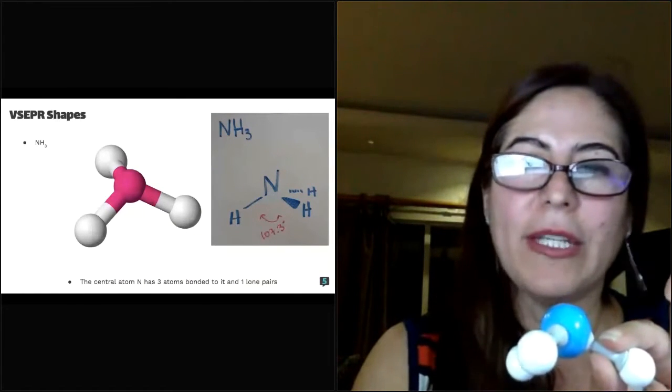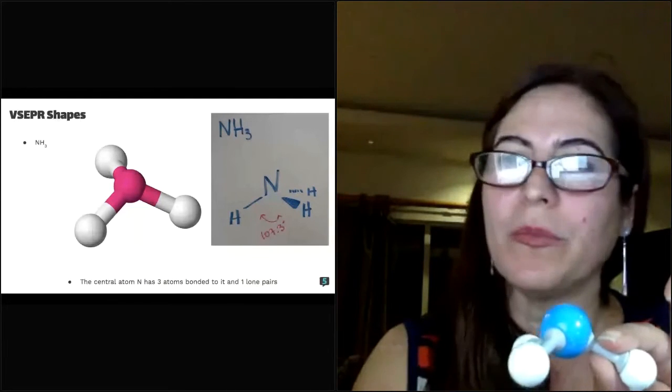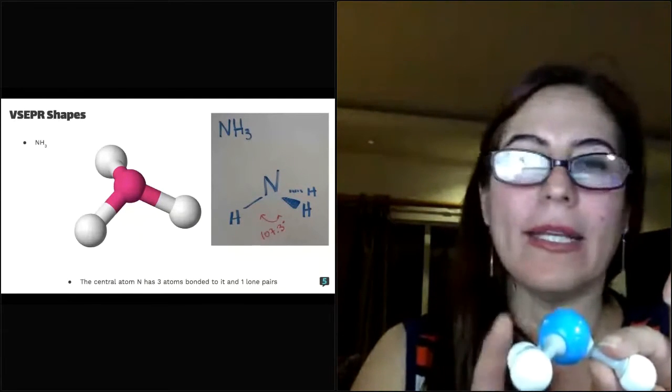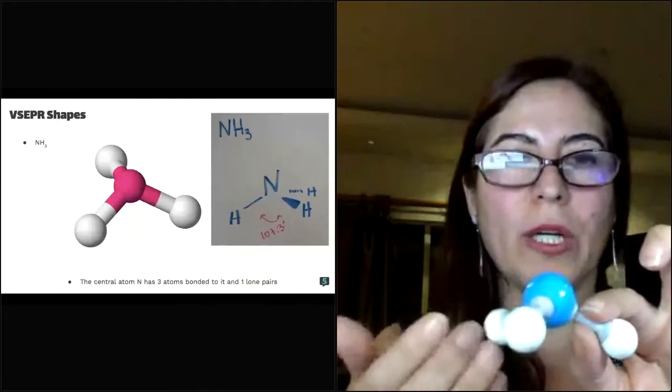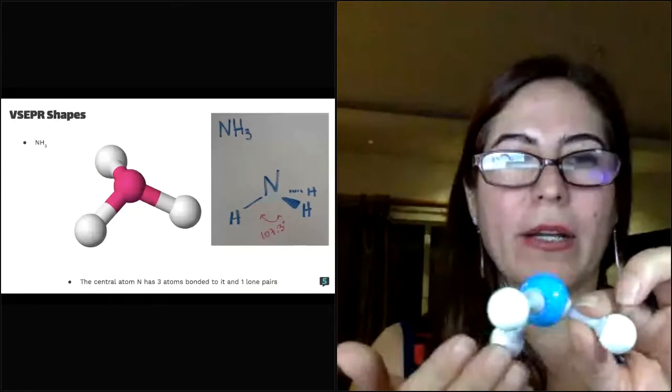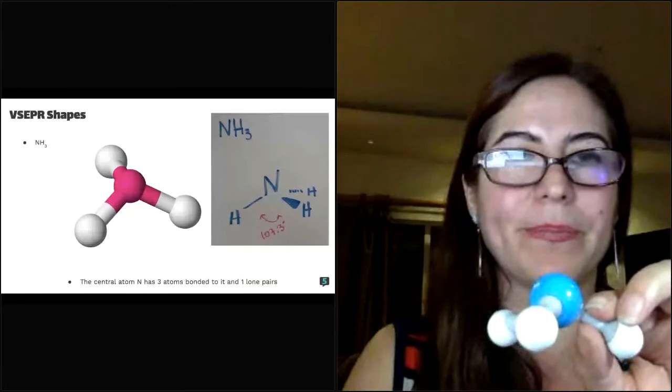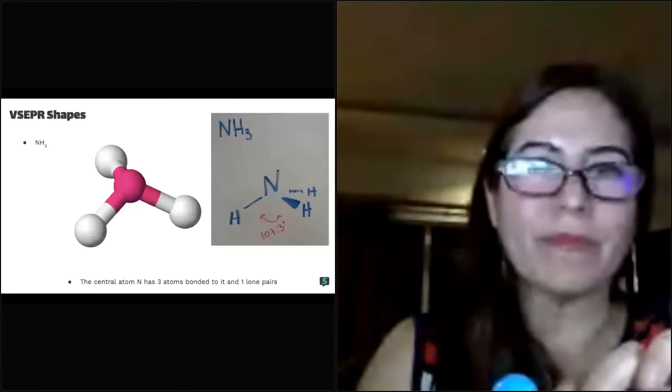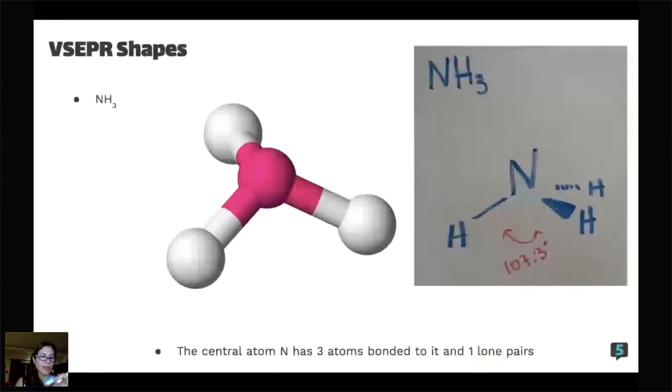The wedge is the hydrogen towards you, and the dotted line is the hydrogen towards the back of the paper. We're going to move on. Okay, excellent. If I can do these technological things, then you can do the drawings. Much, much easier.